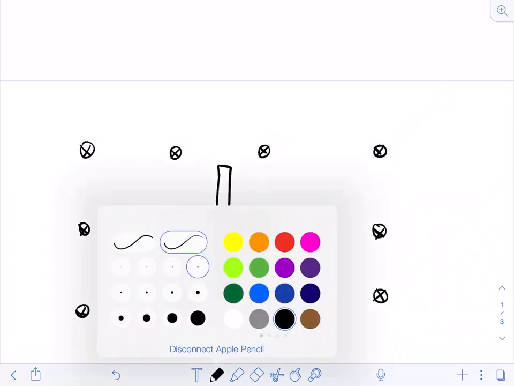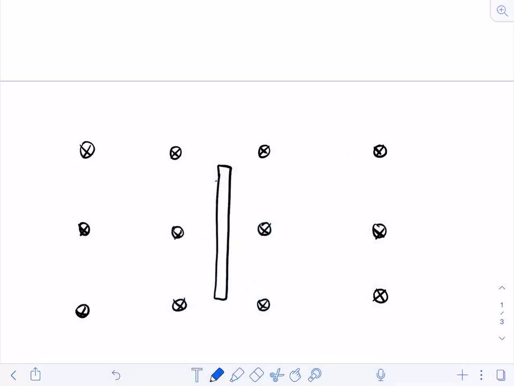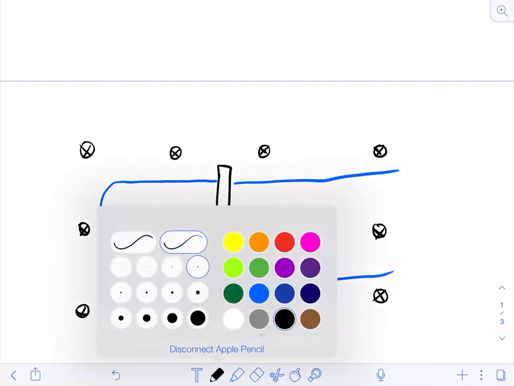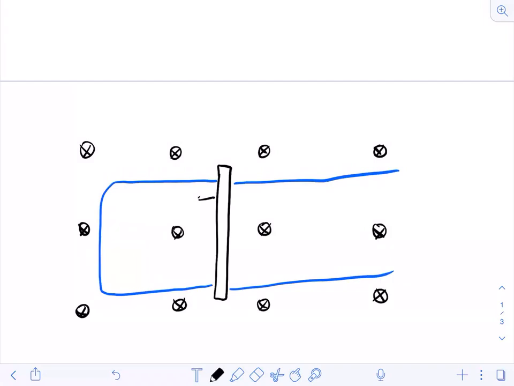So there's our conducting bar, and here are our conducting rails that extend out like this. And we're going to pull this bar to the left.